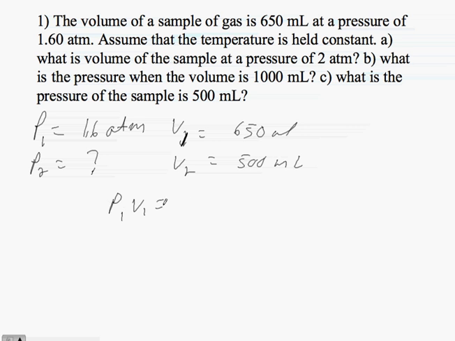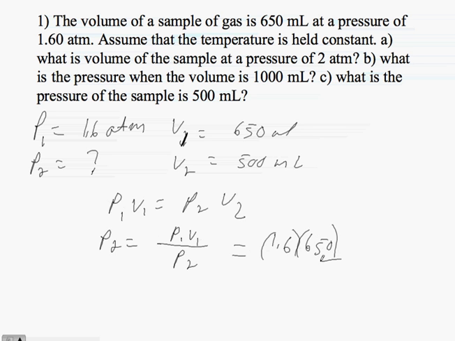So if we solve this equation, we would have P1 V1 is equal to P2 V2. Solving for P2, we would have P1 V1 divided by V2. And we substitute the values back into the equation. We'll have 1.6 times 650 divided by 500, which means that pressure 2 should be 2.08 atmospheres.